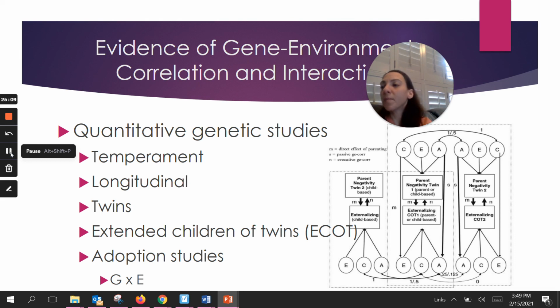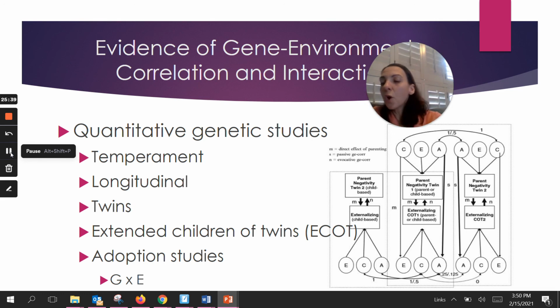So one can estimate the influence of children's genes on their parents' behavior and on their own behavior. So when we look at children who are twins, they share either 50% or 100% of their DNA. But when we look at the children of parents who are twins, their genetic relatedness is a little bit less. So it gives a better idea of their behavior, whether it's caused by genetic influences or environmental.